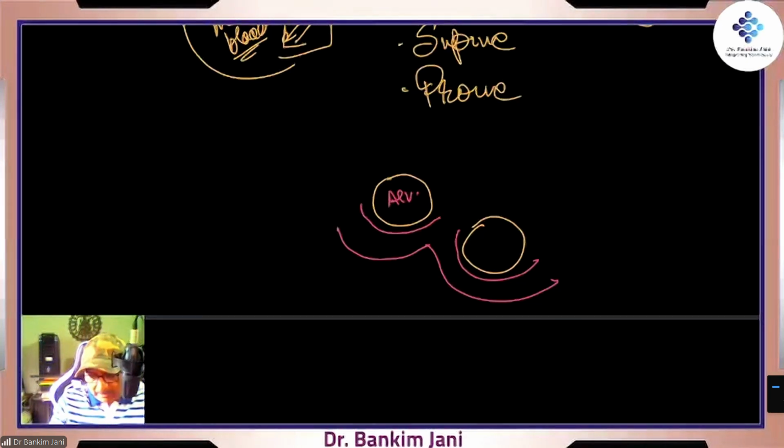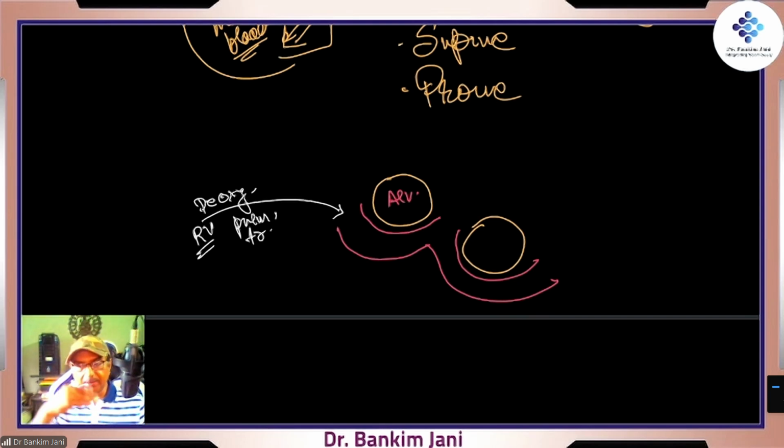If I really talk about this, blood is coming, this is the deoxygenated blood. This blood is actually coming from the right ventricle to the pulmonary trunk, and then from the pulmonary trunk to the pulmonary artery, dividing all the way, then finally it is reaching here. So this is one. The alveoli we have talked about. There is a space in between, a small space.